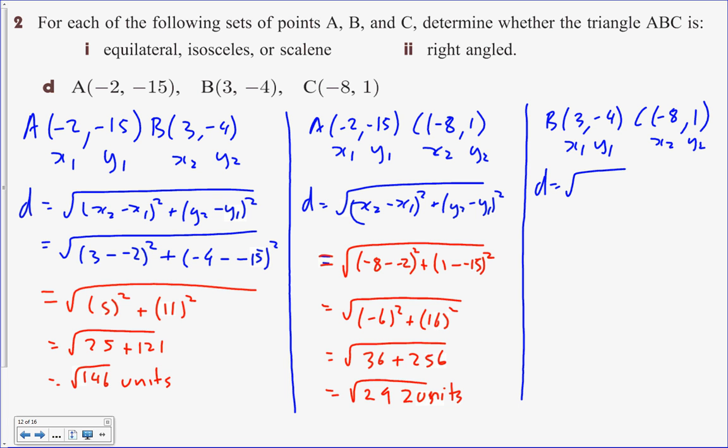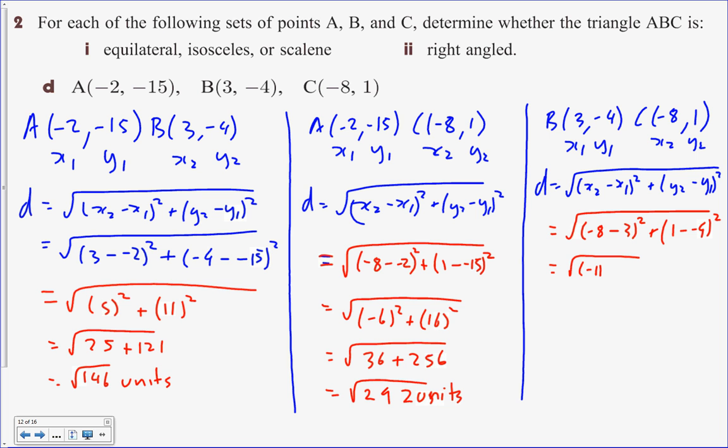D equals square root x2 take x1 all squared plus y2 take y1 all squared equals square root x2 negative 8 take 3 all squared plus 1 take negative 4 all squared equals square root negative 11 squared plus 1 plus 4, which is 5 squared, so equals square root 121 plus 25, so equals square root 146 units.